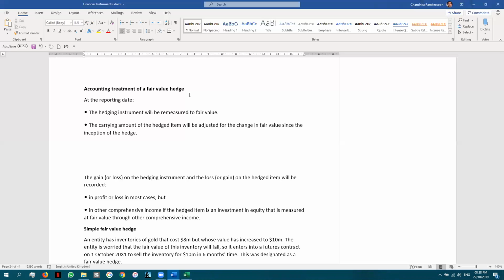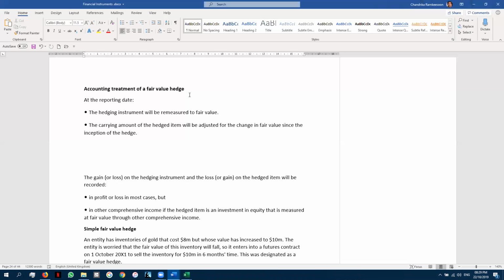So the gain or loss on the hedging instrument and the loss or gain on the hedged item will be recorded in profit or loss in most cases. So if it's a fair value hedge, in most cases, the gain or loss on both transactions, the hedged item as well as the hedging instrument, will be recorded in profit or loss.